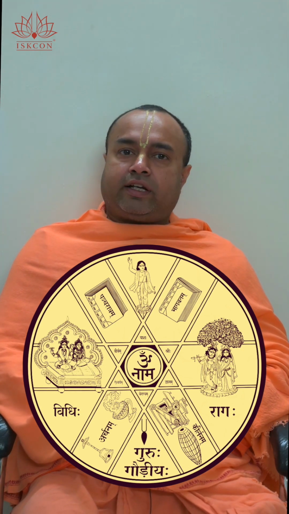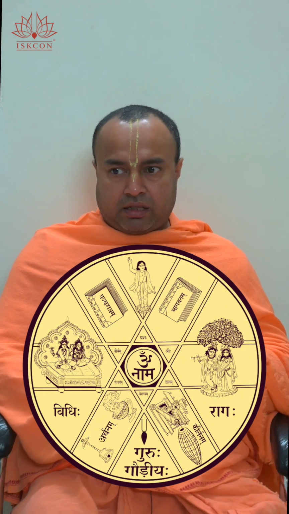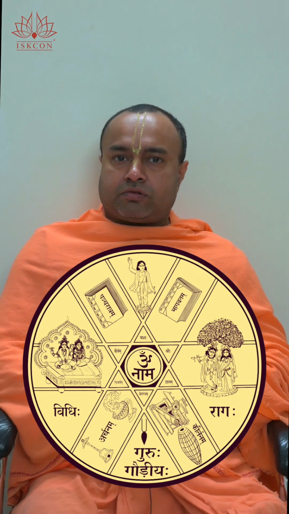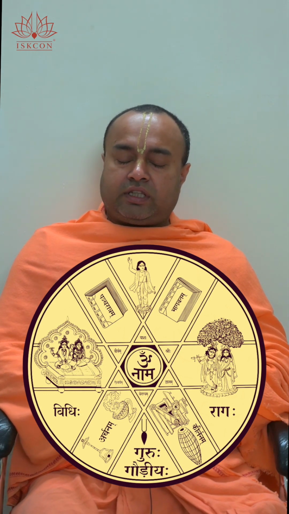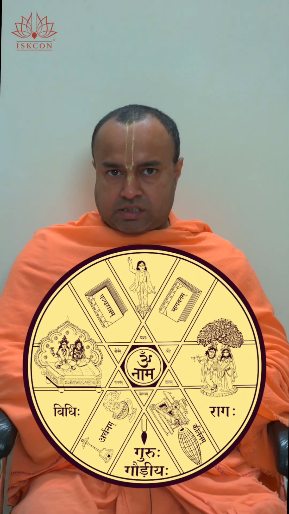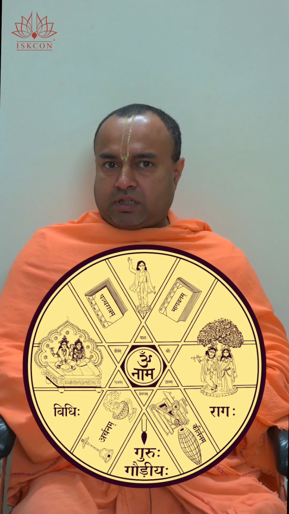There we can also find symbols of a lamp and a ringing bell. Whereas the Pancharatrika Vidhi is supposed to be the Vidhi Marg, or the formal way of worshipping Radha Krishna, which is the mood of Lakshmi Narayan.